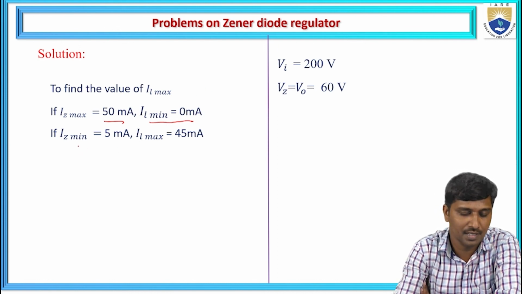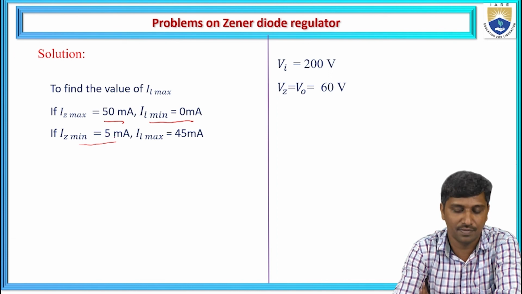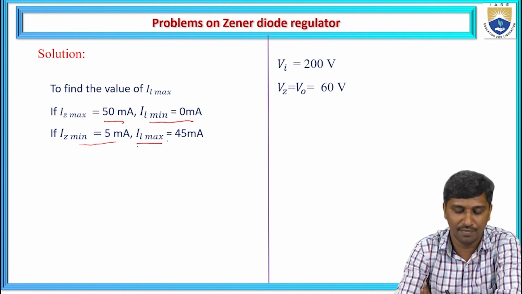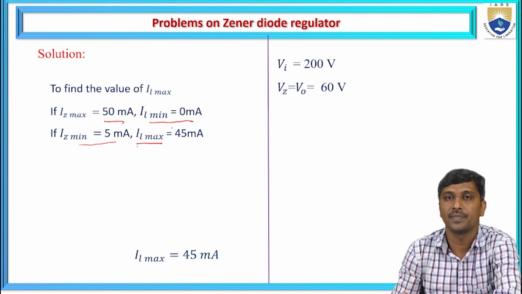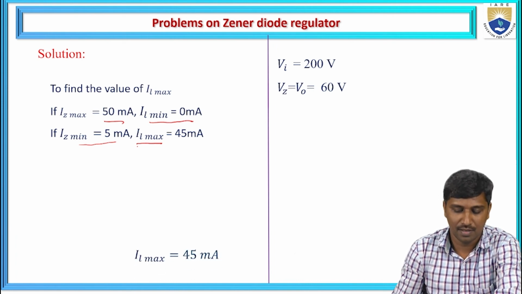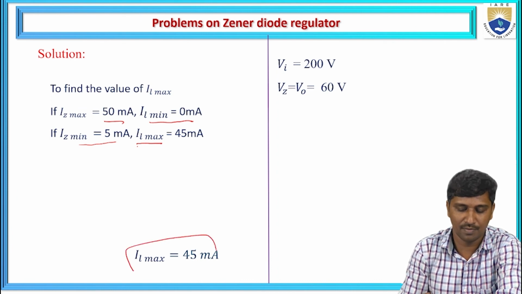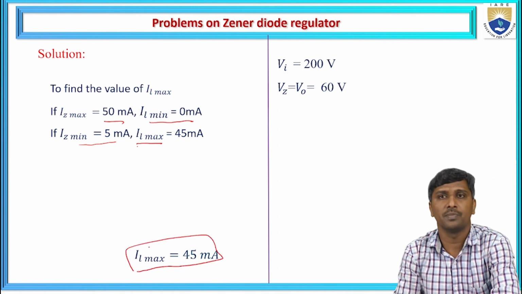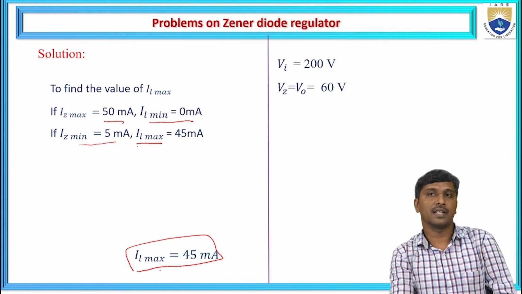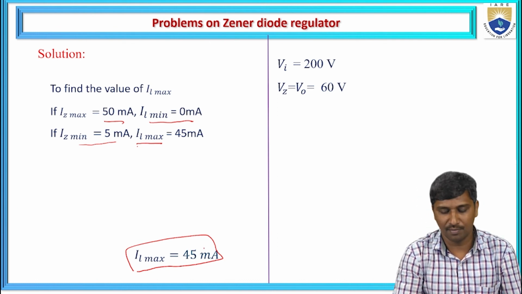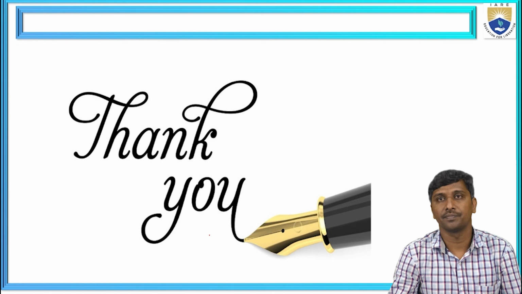For this consideration, the Zener minimum current is 5 milliamperes and IL maximum is 45 milliamperes. So for IL maximum we need to choose only the maximum values. Based on that, the maximum load current is 45 milliamperes.